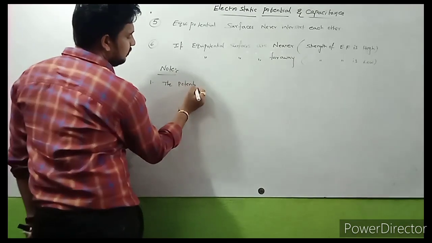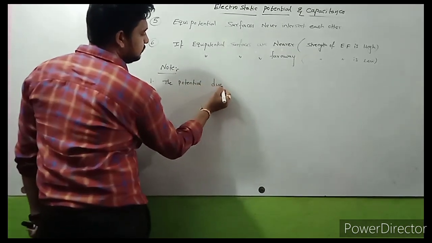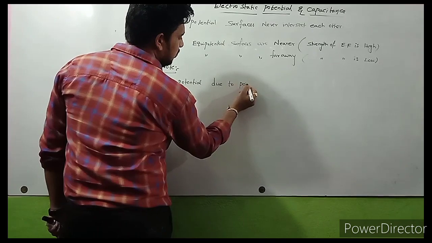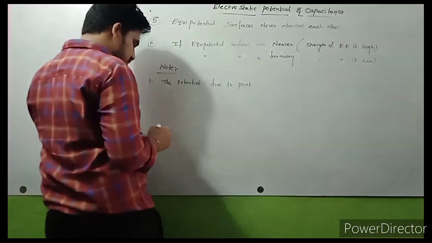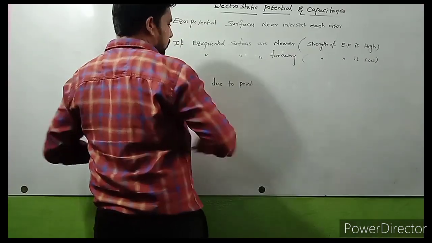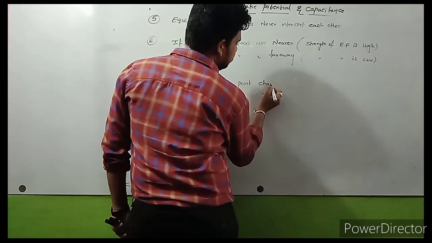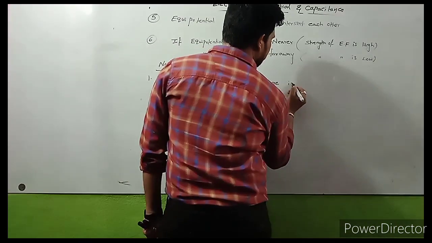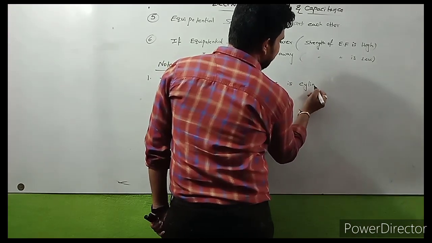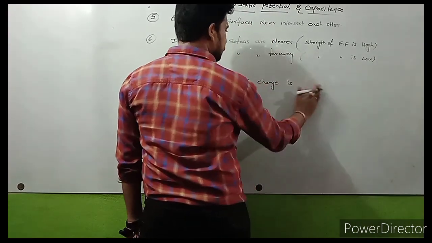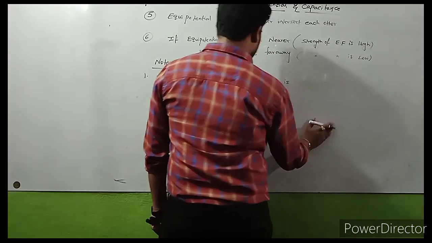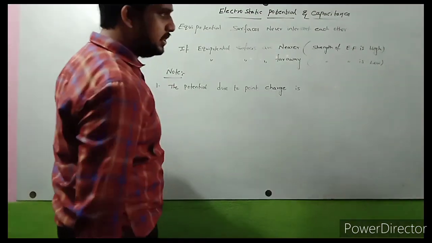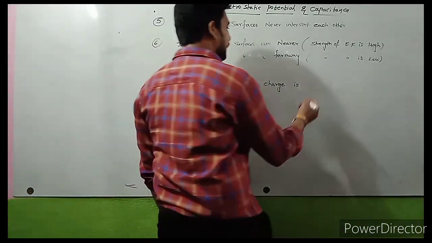Potential due to point charge. Potential due to point charge is spherical symmetric.